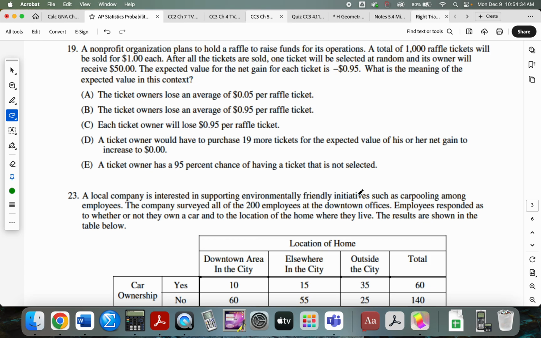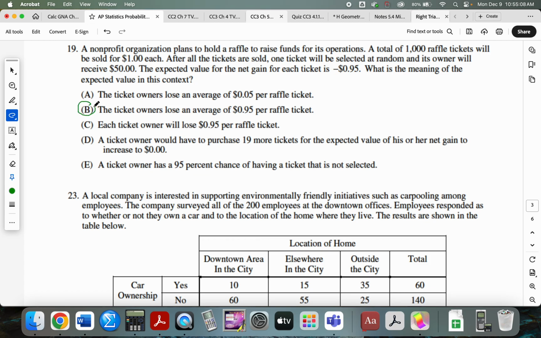Oh, that's how you come to own it, is by buying it. Is it B? It absolutely is B.